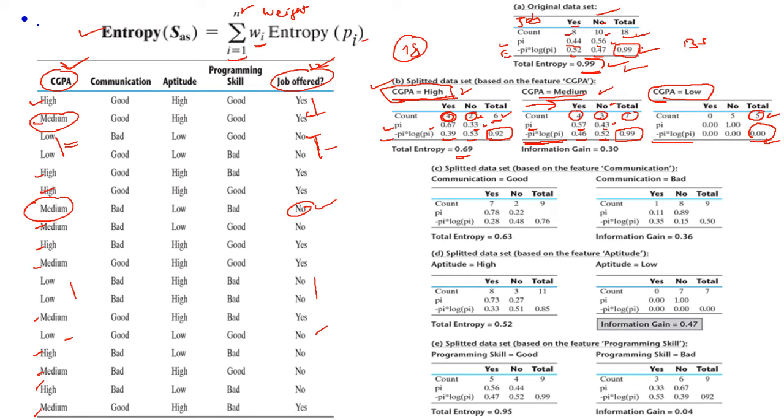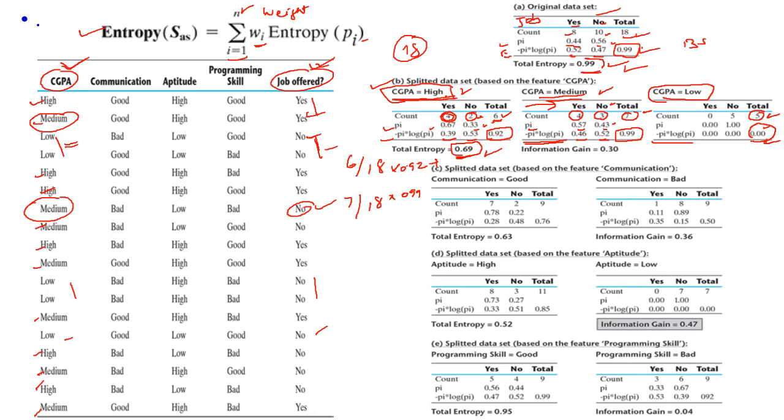Under these 18, CGPA high is 6, so 6 by 18 into 0.92, plus here the number of records is 7, that is medium, so 7 by 18 into 0.99, and here this is 0. We sum these values, so the value is 0.69.